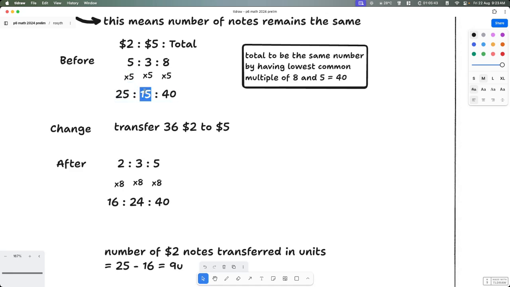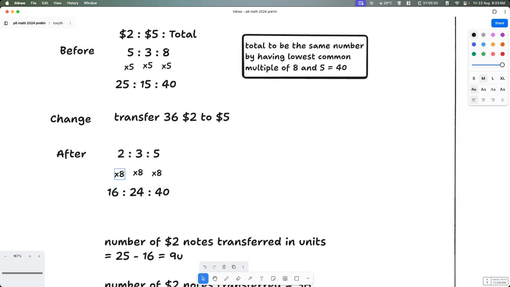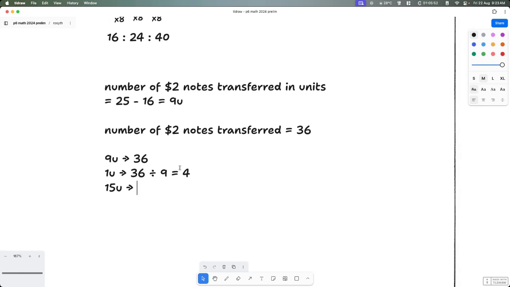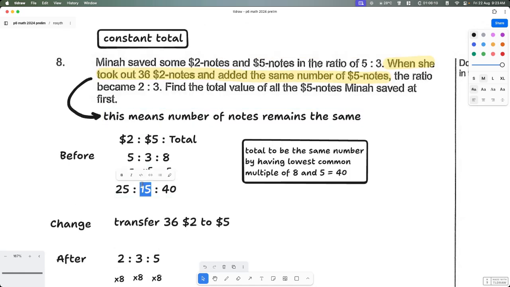So 15 units is equal to 15 times 4. This will give us 60 notes. Just write notes to make sure you know what these are, otherwise you'll get confused. So at first we have $5 notes, that is 15 units.